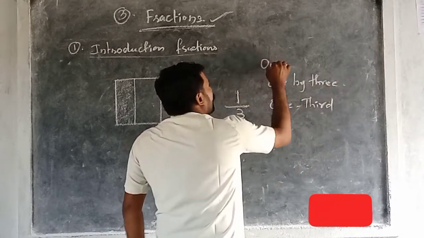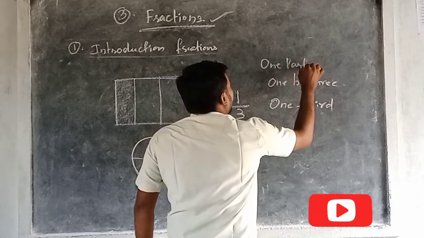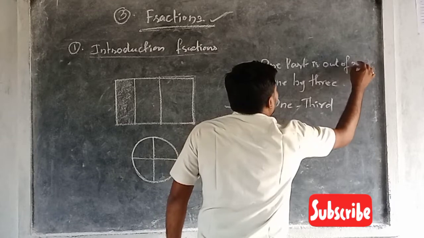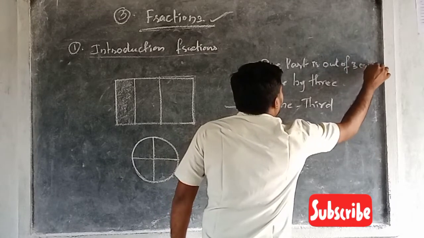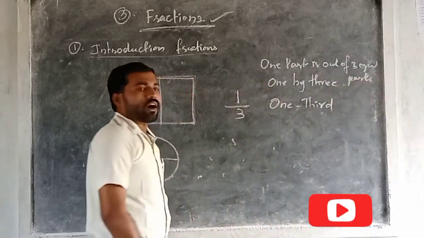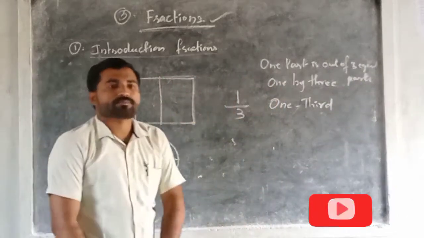Otherwise, you can say one part out of 3 equal parts. You can say it like this also: one part is out of 3 equal parts.